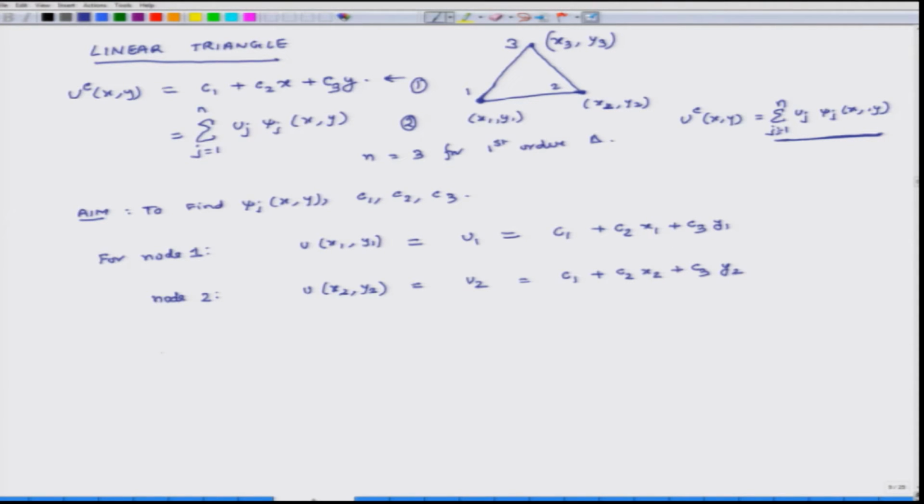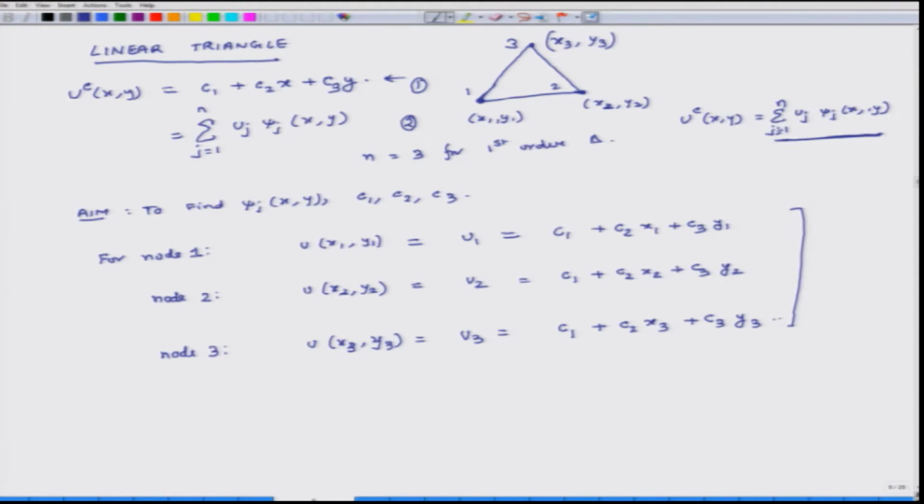And finally, for node 3, u at the third node equals u3 using equation 2, and if I use equation 1 I get C1 plus C2 x3 plus C3 y3.